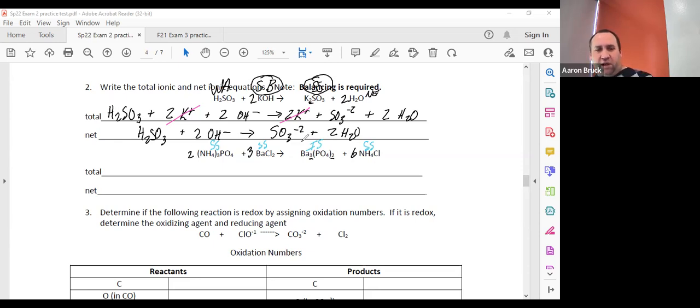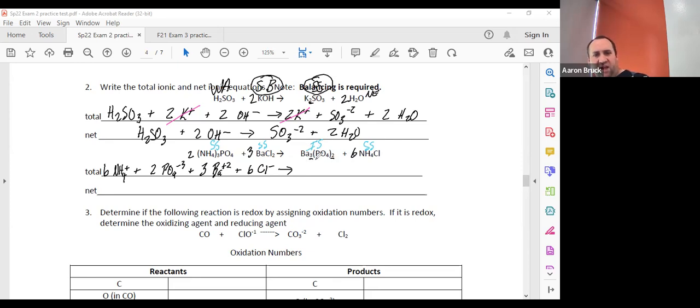Since again, we're dealing with salts here, it's just a matter of breaking apart the ones that break apart, keeping together the ones that stay together. 2 times 3 would give me 6 ammonium ions. 2 times 1 would give me 2 phosphate ions. 3 barium ions and 6 chloride ions.